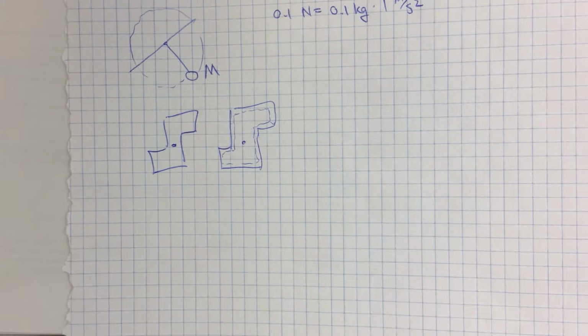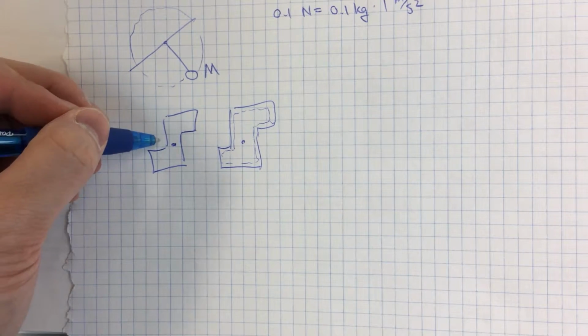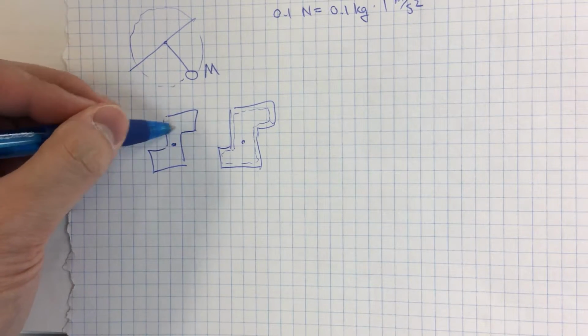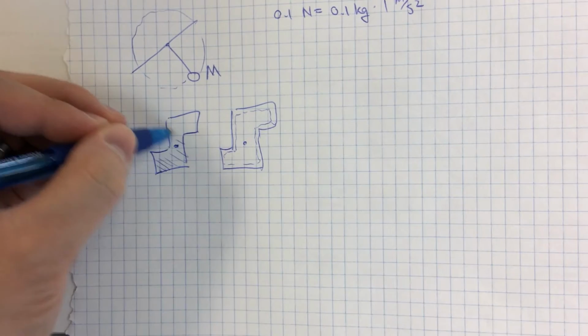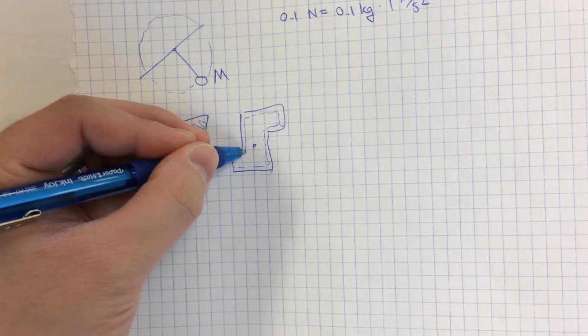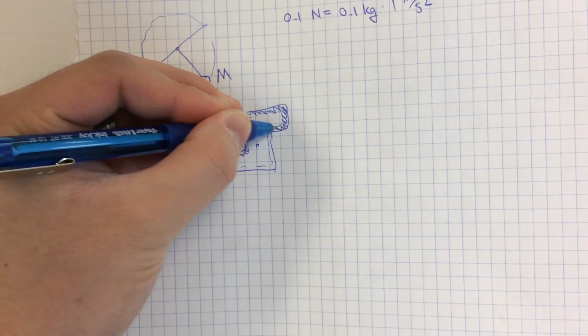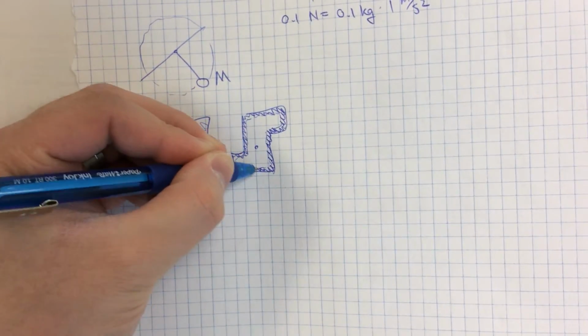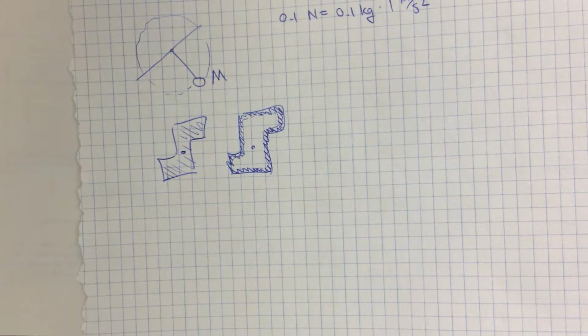Generally speaking, this one should be easier to spin because the mass is not as concentrated on the outside. If it's distributed versus concentrated on the edge. This one's easier to spin.